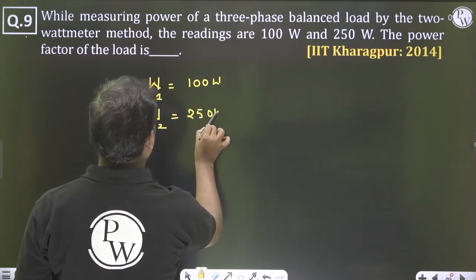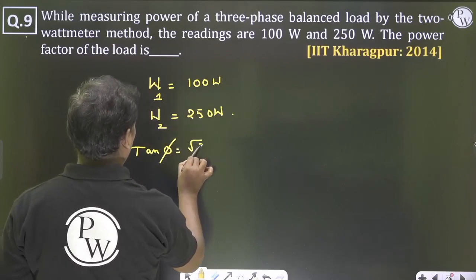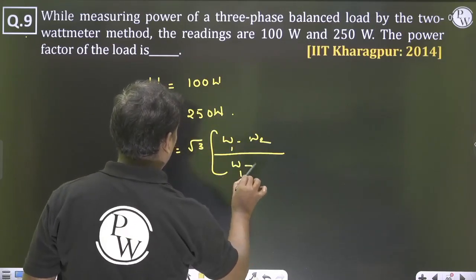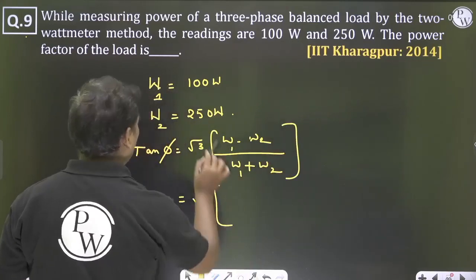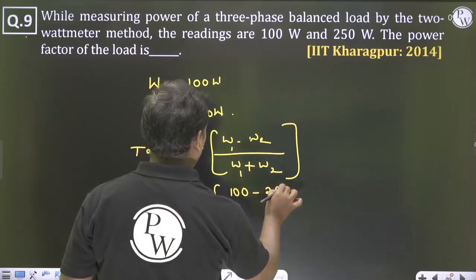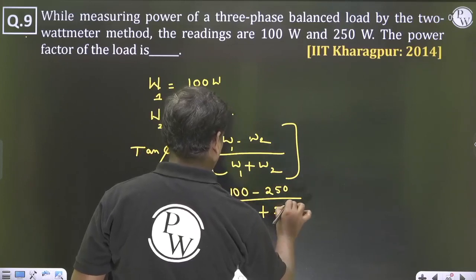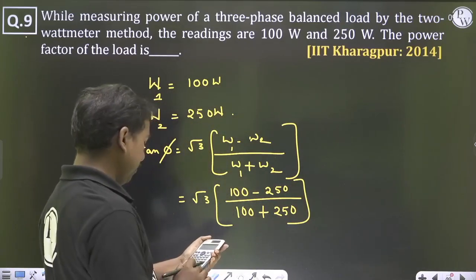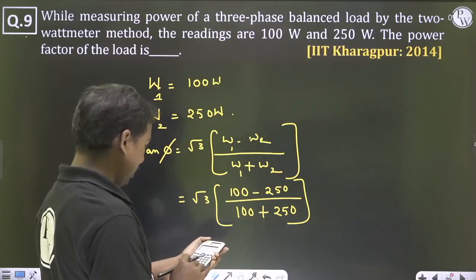For the power factor of the load, like I said, the formula is tan phi equal to root 3 times W1 minus W2 by W1 plus W2. So root 3 times 100 minus 250 divided by 350.